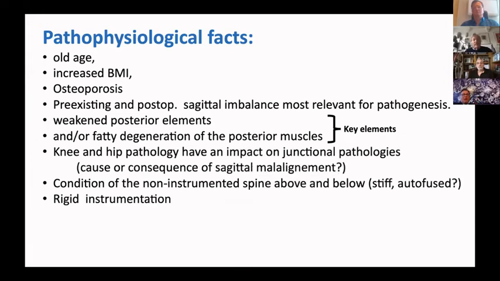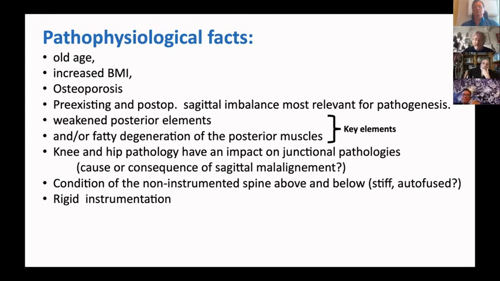And then you can also have knee and hip pathology, which has an impact on these junctional pathologies. Whether it's the cause or the consequence of the sagittal malalignment is not so clear. Then there are conditions of non-instrumented spine above and below. That means you have stiff, unfused elements, which are the natural history of this specific patient.